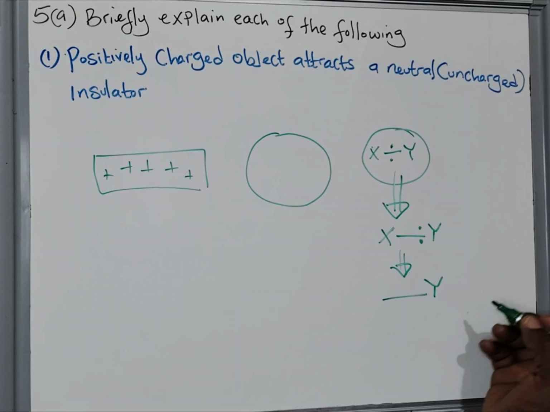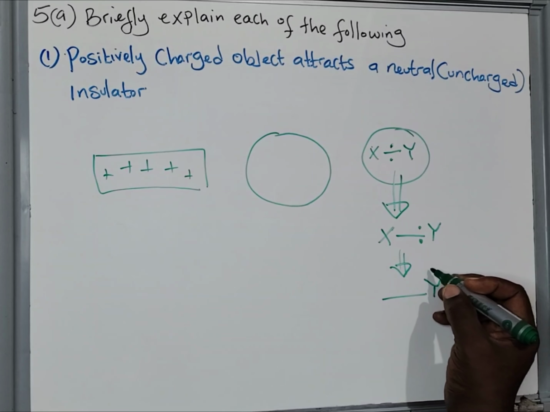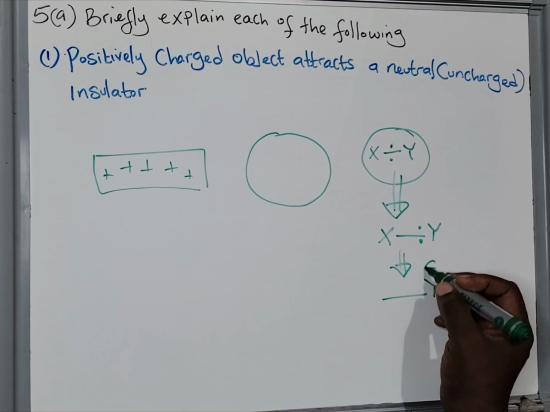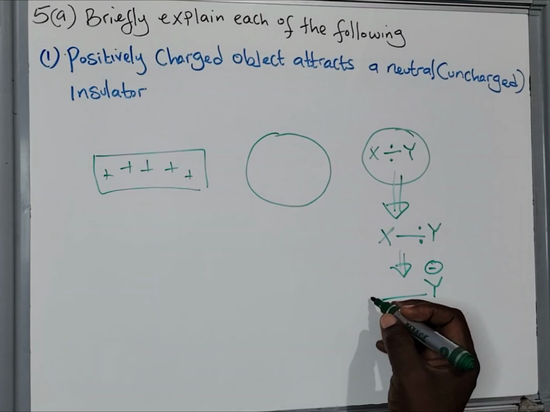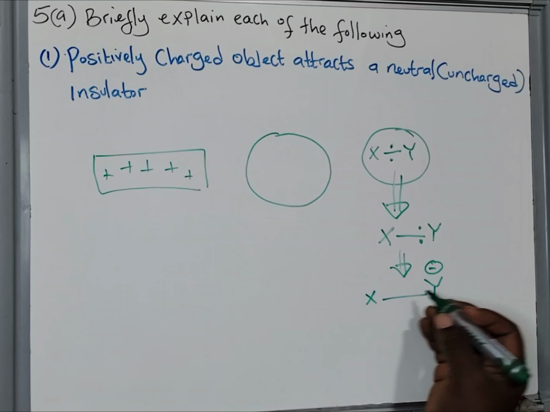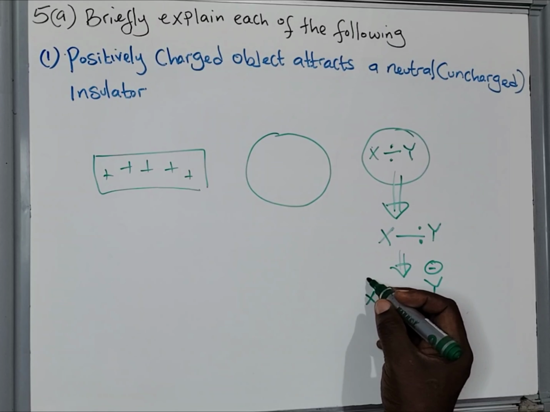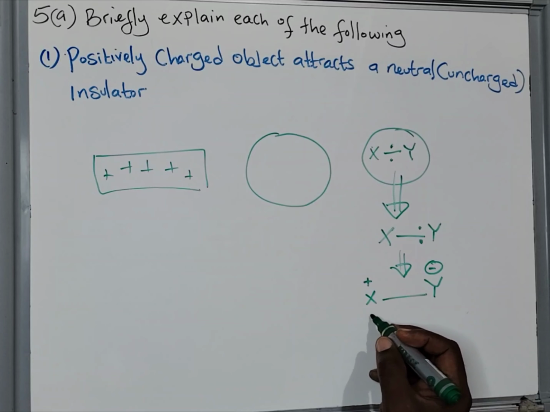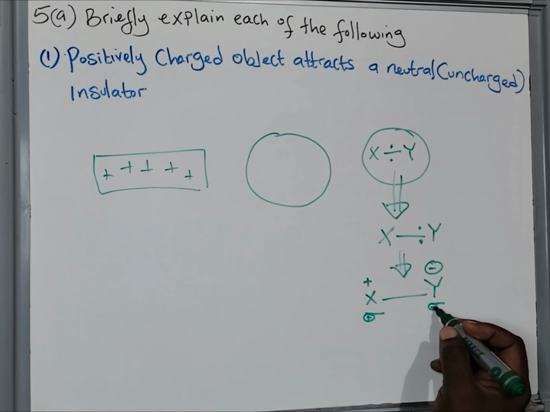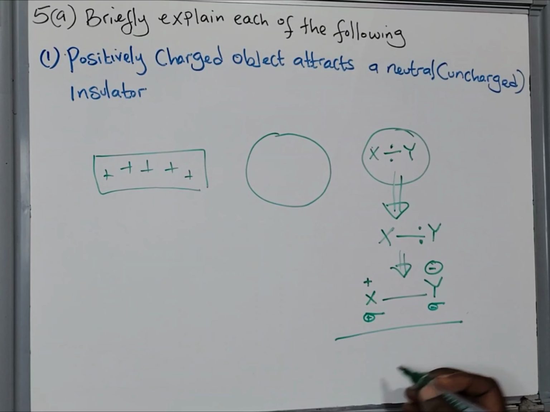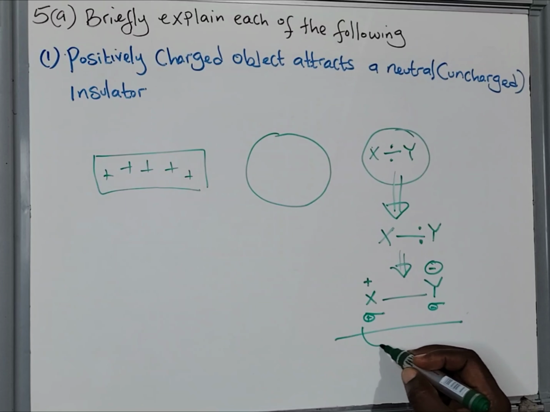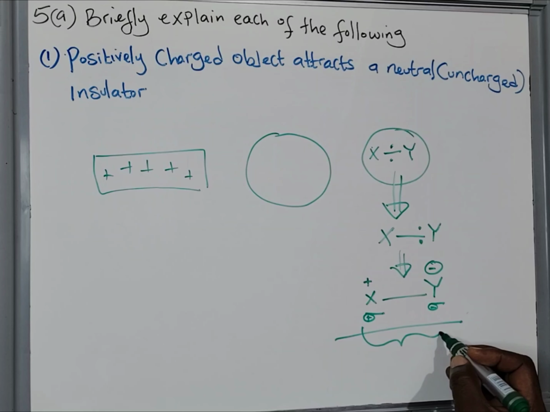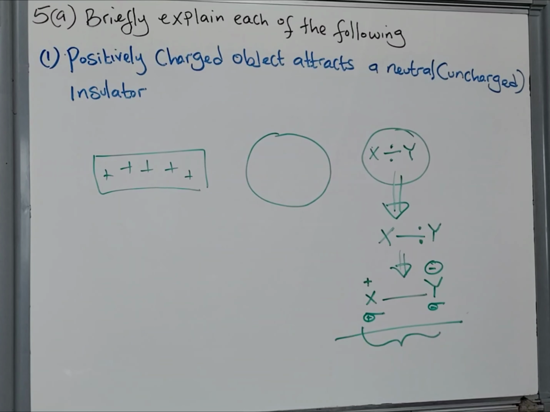It wants negative, so it becomes partially negative. And the atom which lost electron to the other one becomes partially positive. We normally write it as partial positive and partial negative. So when the molecule has two sides, one positive and the other negative, we say that molecule is polarized.